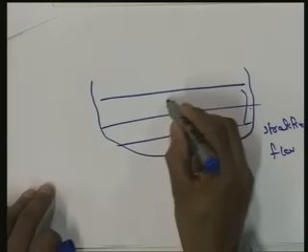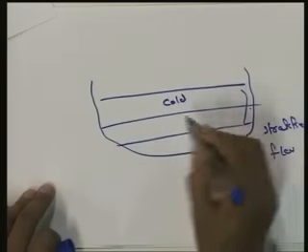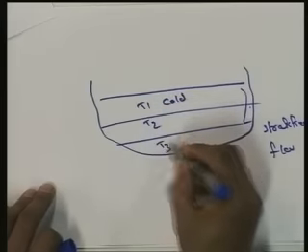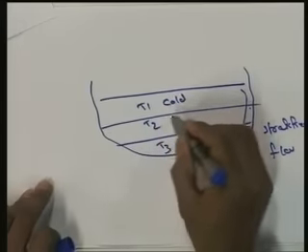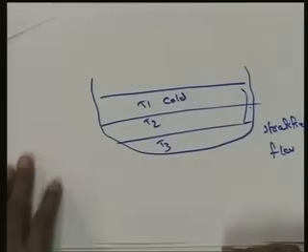So, one will be cold water, with temperature variation T1, T2; more cold or less cold, like that stratification is there. So, in that case the Richardson number is very important.